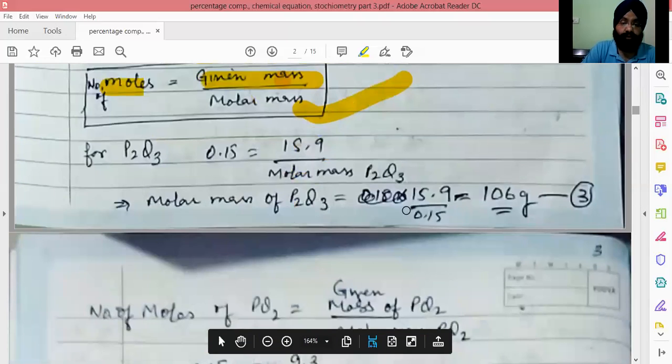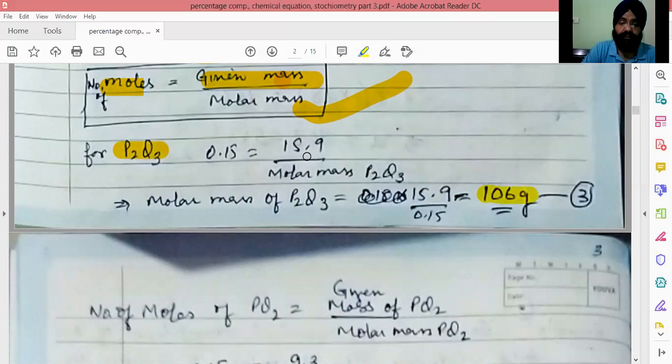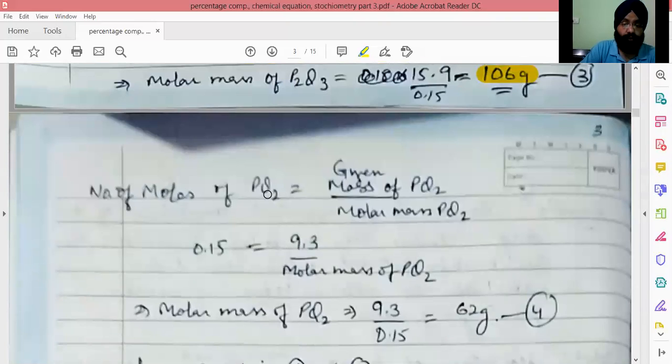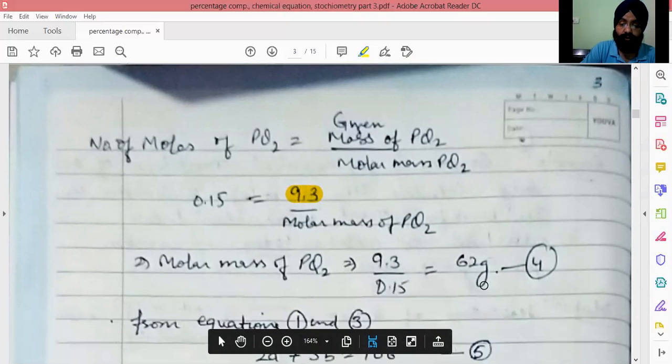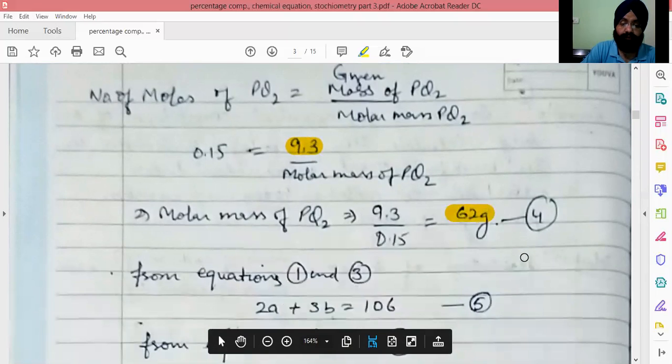The molar mass of P2Q3, by putting 0.15 and given mass 15.9 in this formula, will be 106 gram per mole. And for PQ2, the number of moles will be equal to given mass, which this time is 9.3, over molar mass, and the molar mass will be equal to 62 grams.